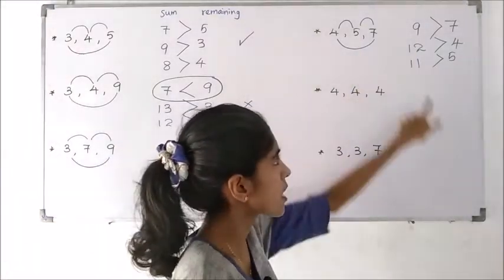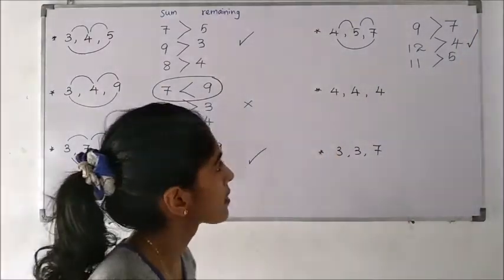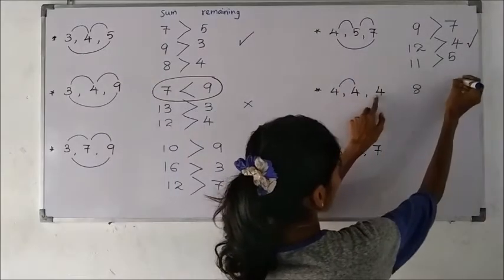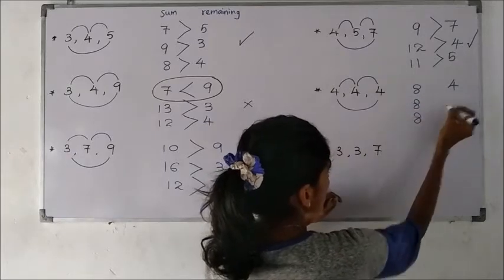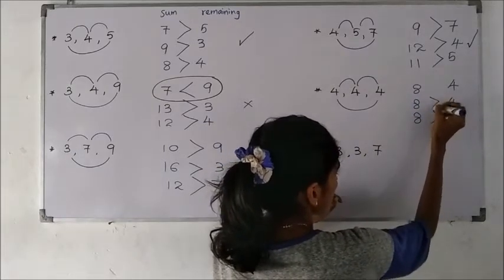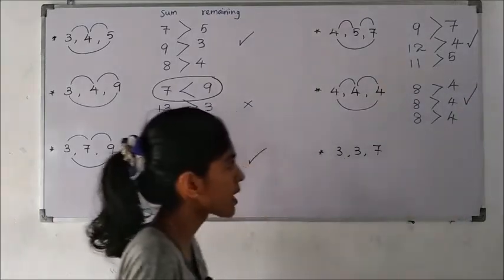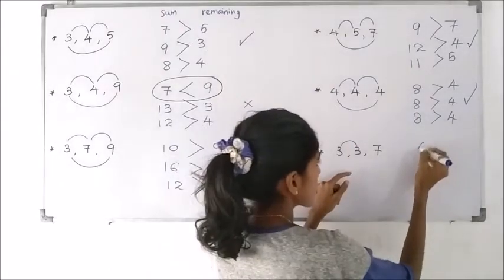If all the three sums are greater than the remaining side only, we can draw a triangle. Here also, first two, 8, the remaining side 4. So we know that in all the three situations the same values are coming. The sum is greater in all the three. We can draw a triangle.